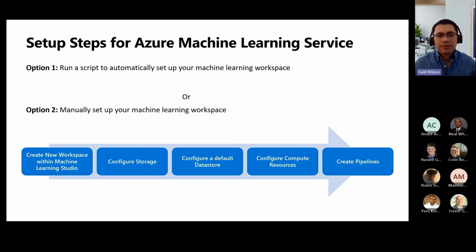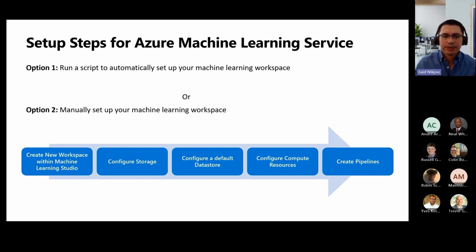To enable Azure Machine Learning Service to process the demand forecasting in D365, we need to set up an Azure Machine Learning workspace. In order to do that, we have two options. The first option is to run a script that will automatically set up your Azure Machine Learning workspace.